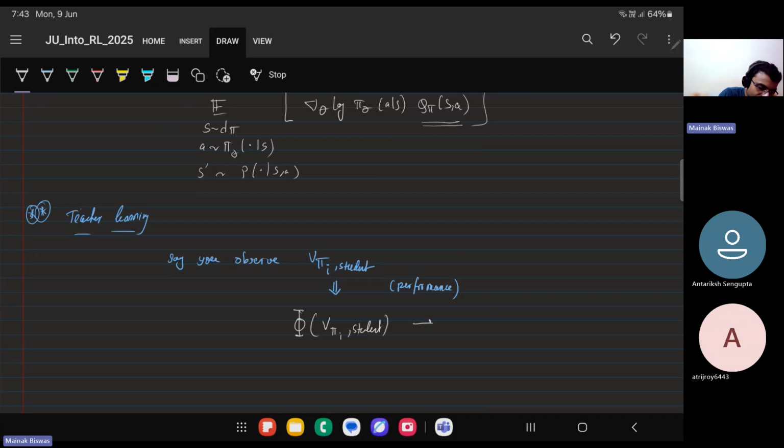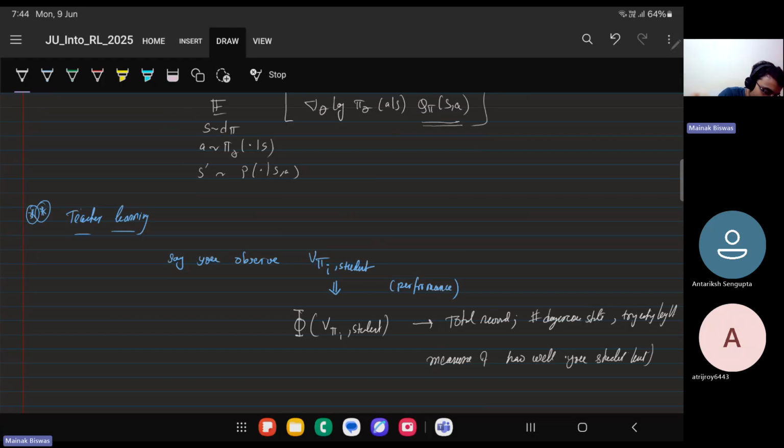These people extract features like total reward, the number of times you visit the dangerous state, trajectory length, and so on. These are the measures of how well your student learned.